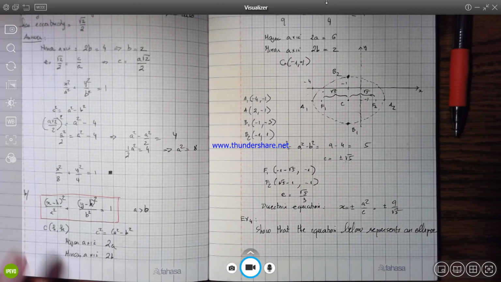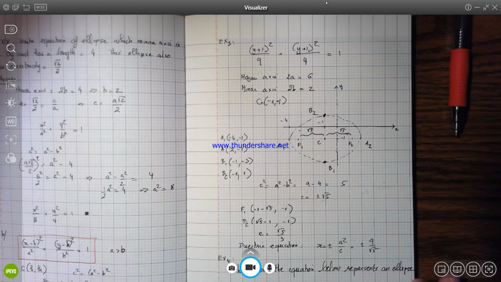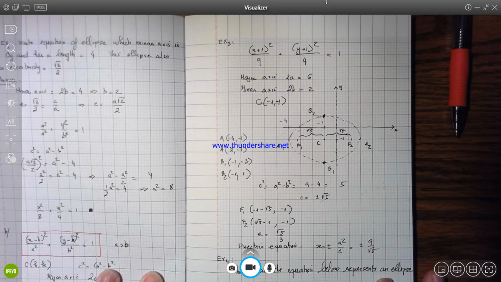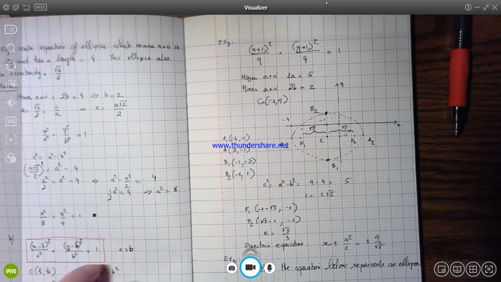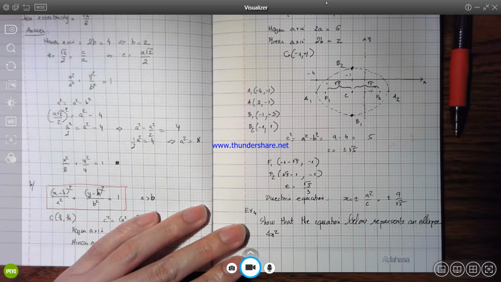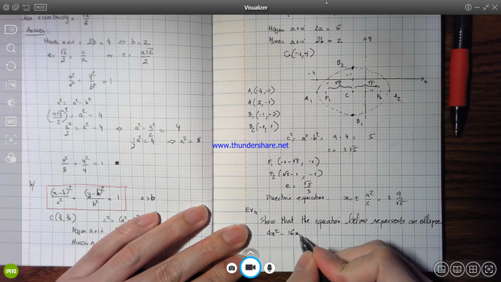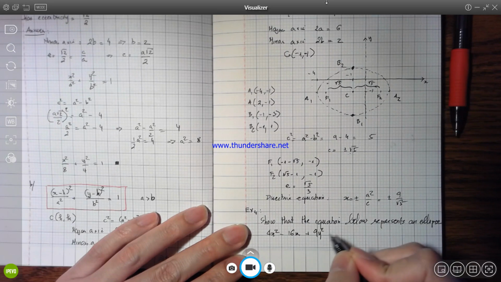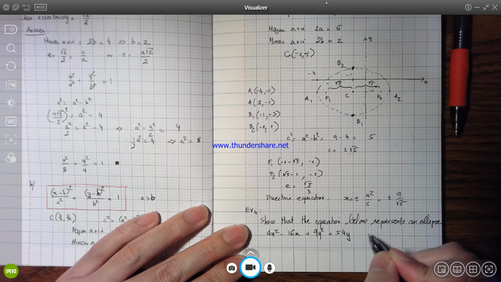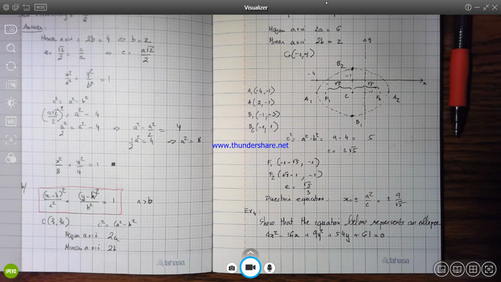And the equation I'm talking about, there you go, the equation is 4x squared minus 16x plus 9y squared plus 54y plus 61 equals 0.